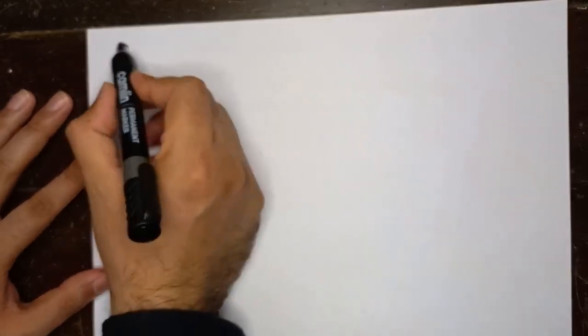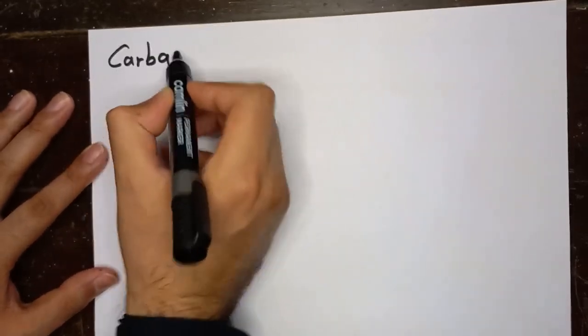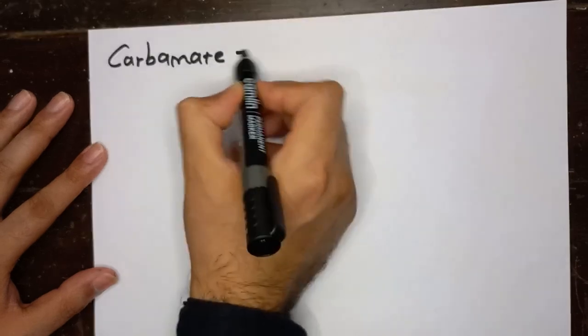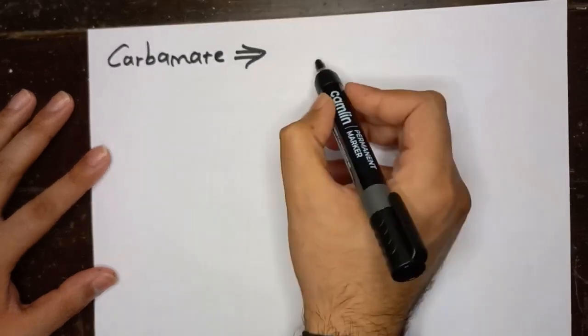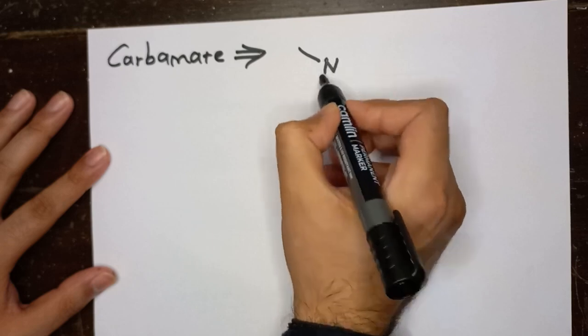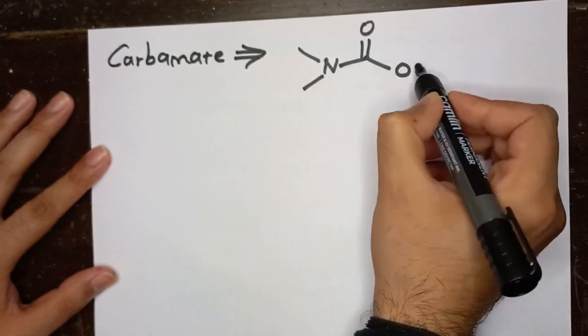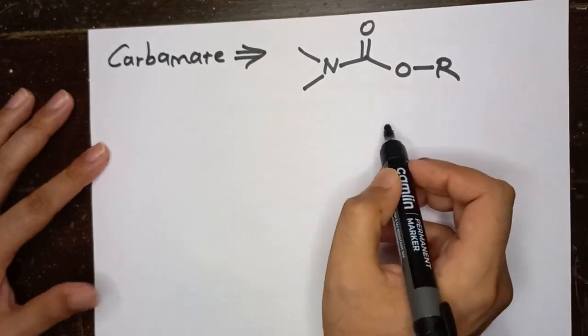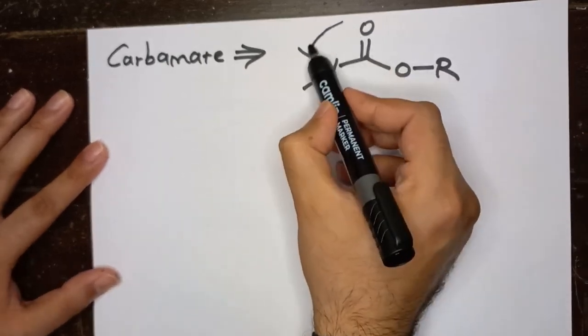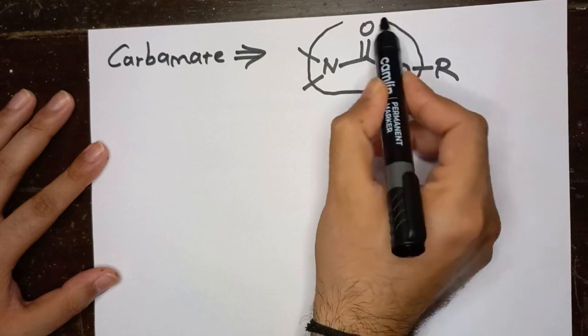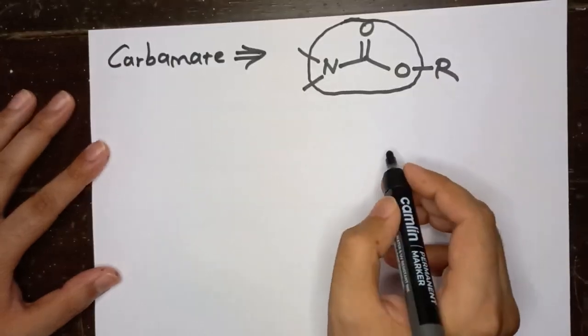Okay, now what is a carbamate? Carbamate. Suppose I have this. So this architecture is called a carbamate.